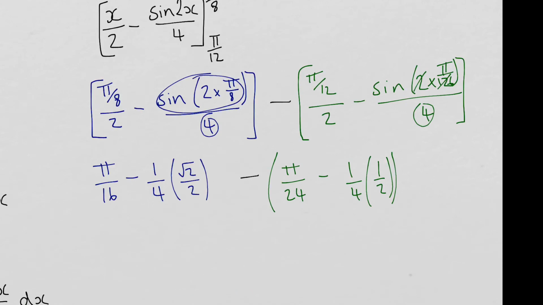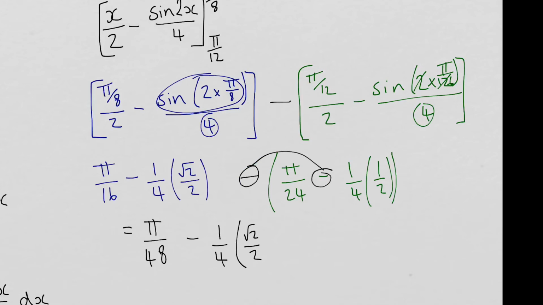So in total, what I've got here is going to be pi over 16, take away the pi over 24, that's going to leave me with pi over 48, and then I've got to subtract a quarter of root 2 over 2, the minus here is going to give me plus a half.